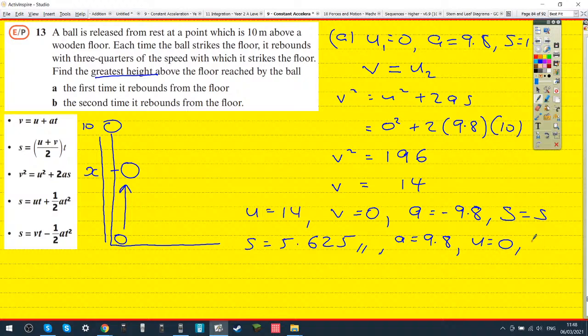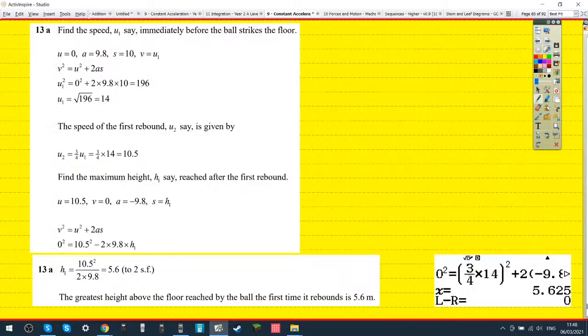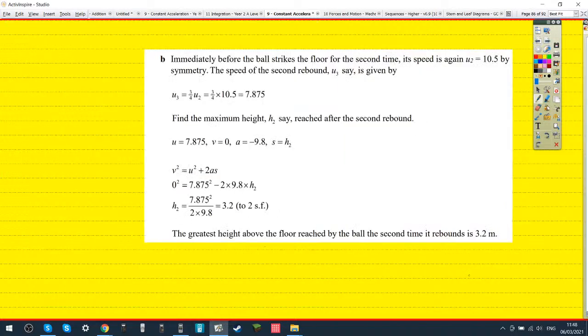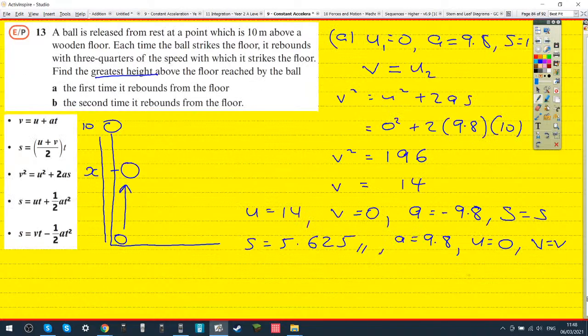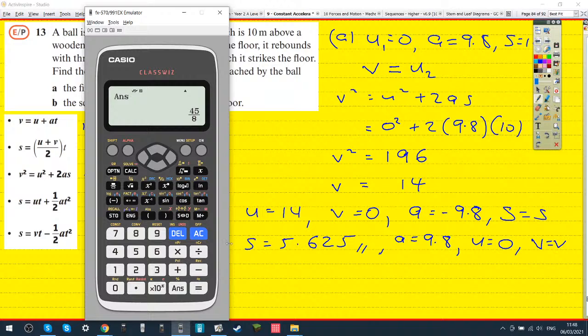Let me work out from there. Similar to what we did. I can't even find it. Probably quicker to just work it out. So v squared, hopefully I'll just get a positive answer.